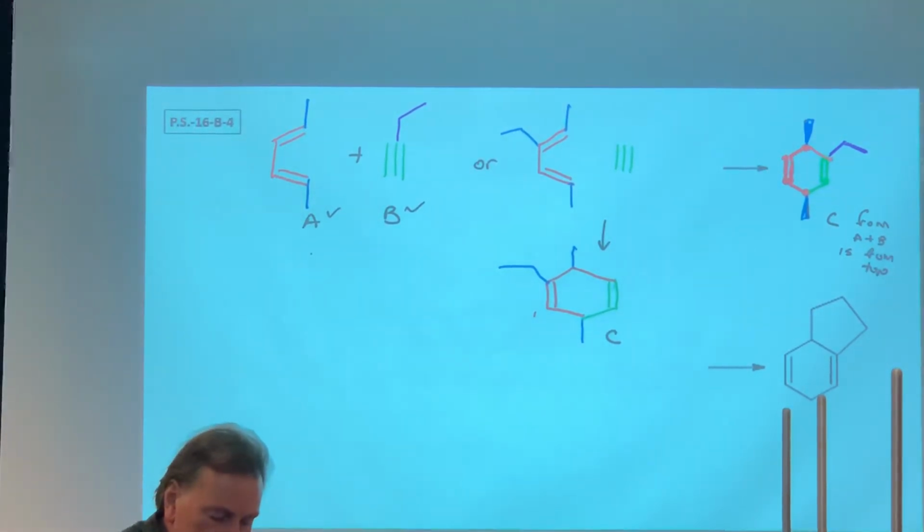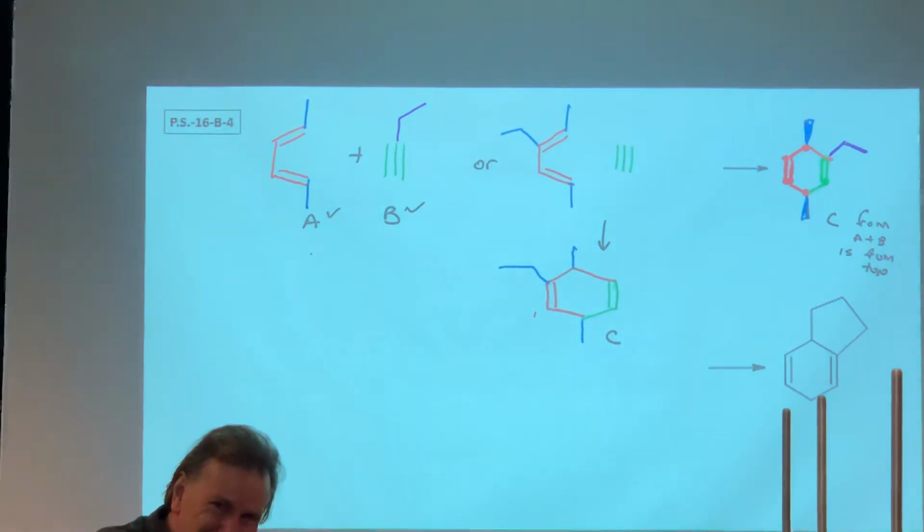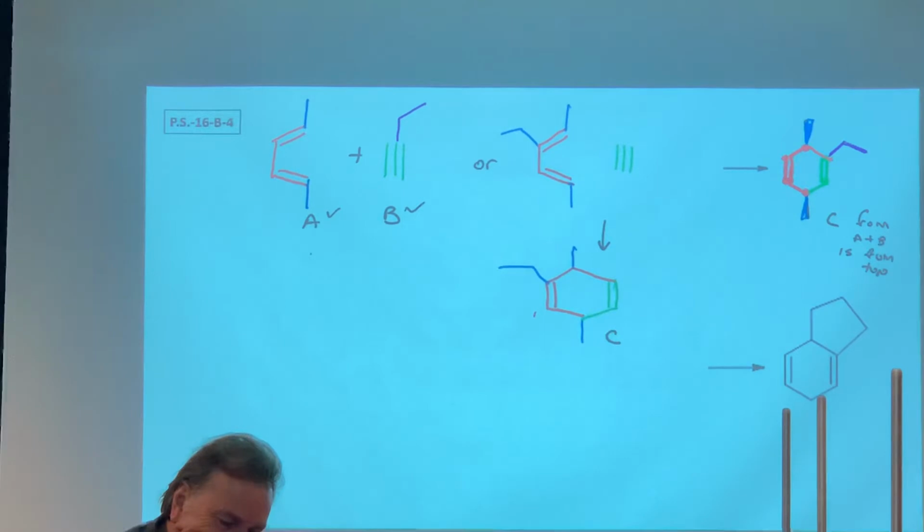Because if it goes from the bottom, and these are outside, we said it's going to be dashes, right? But of course, if these are like this, they're wedges. However, you're going to say, what did you put inside? Which is actually good, yes. But if it's attacking from the top and you have a substituent on the diene, shouldn't that be a wedge and put over there in the product? But nothing?